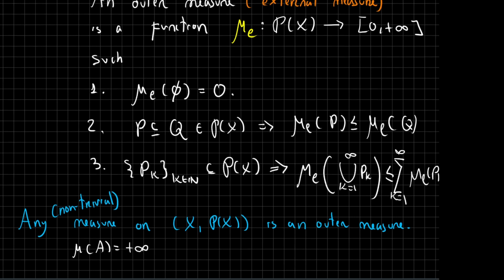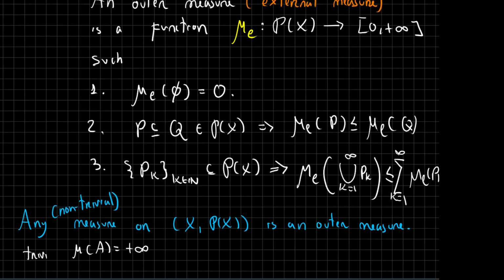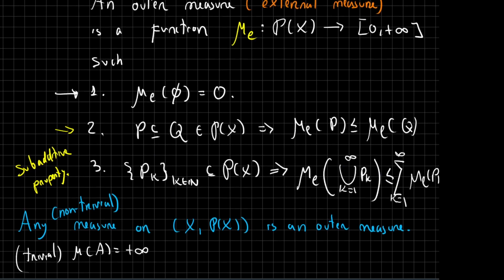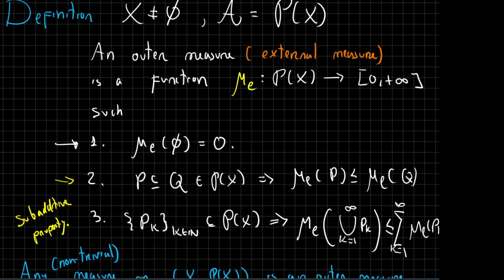But besides that trivial measure, we have that for any measure, the value of the empty set is 0. And we also had the second property, which always holds, and the third one was called the subadditive property. And the equality was held whenever the sequence was pairwise disjoint, but in general the subadditive property also holds.